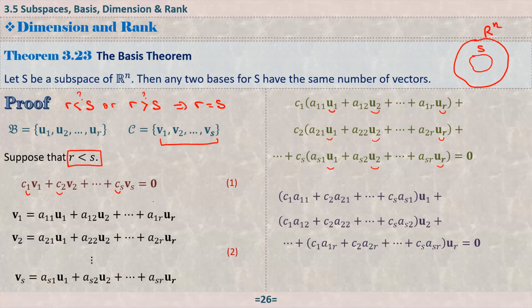In a similar way, if you just interchange the roles of B and C, we can show that R also cannot be greater than S. So we have only one option left, since we are talking about two real numbers.